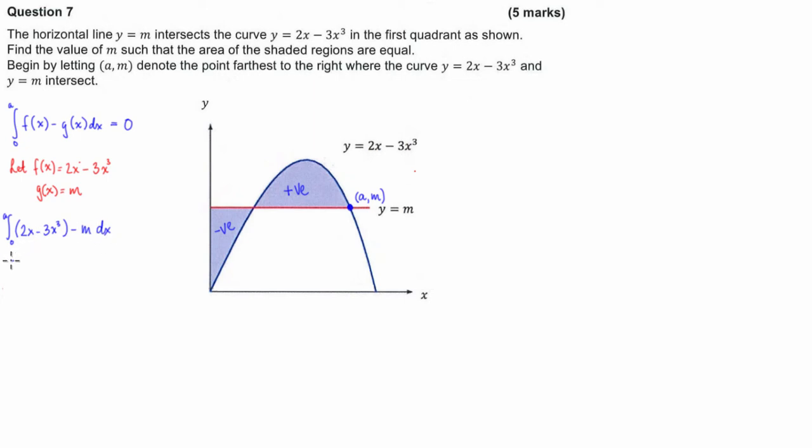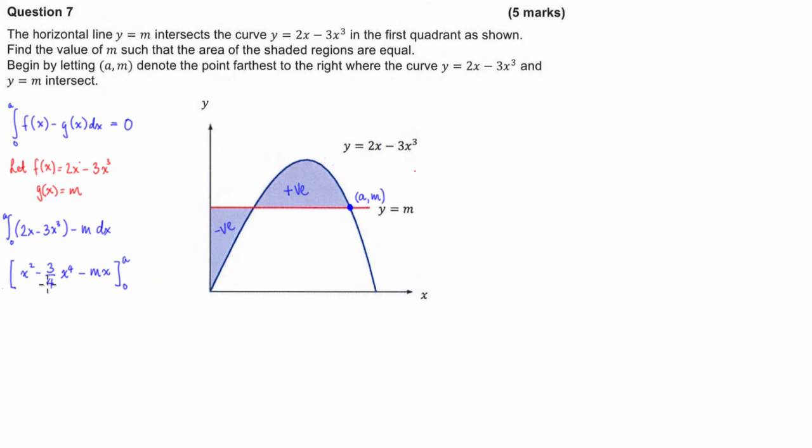The integral of this is going to be x squared minus 3 over 4 x to the power of 4 minus, because it's a constant, if we integrate a constant, we just get mx, and this has to be integrated between 0 and a.